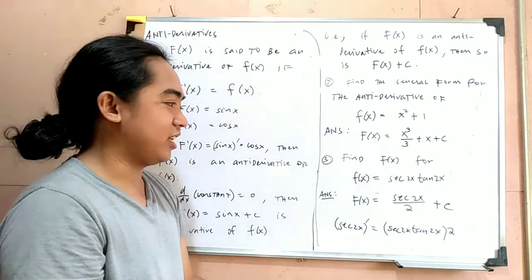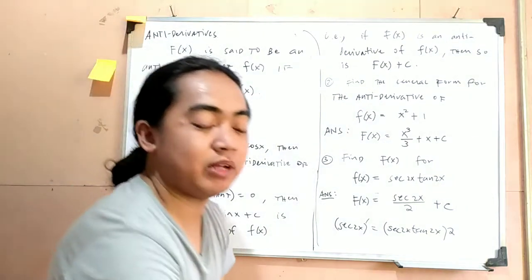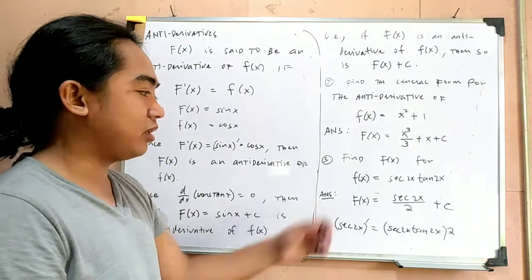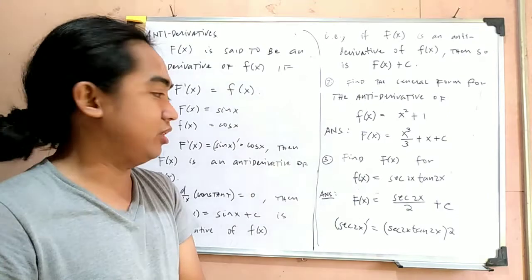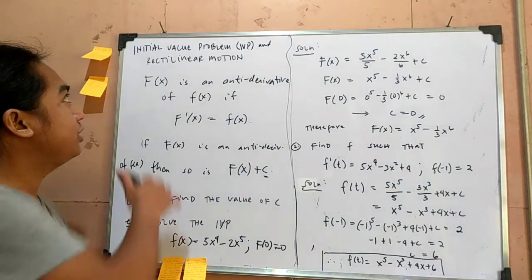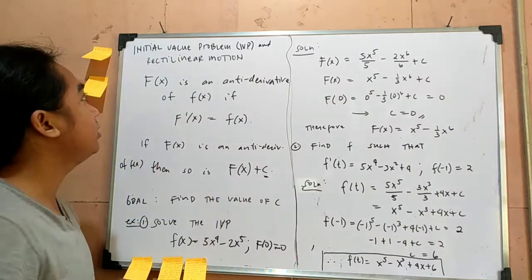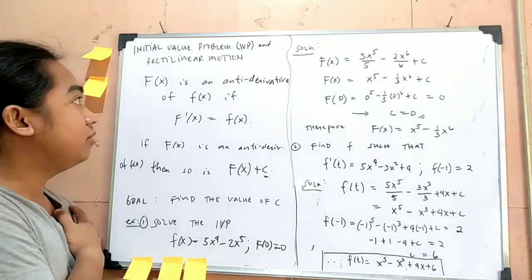Okay? Sige. With that, yung next is, as an application of antiderivatives, pag-usapan natin yung rectilinear motions. Okay, sige. So, yung next natin gagawin is yung initial value problems and mga rectilinear motions. So, this is an application of antiderivative.